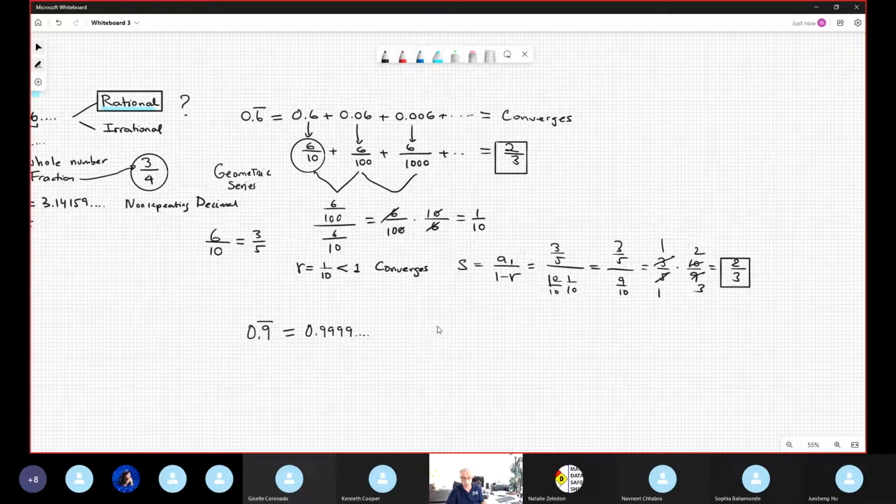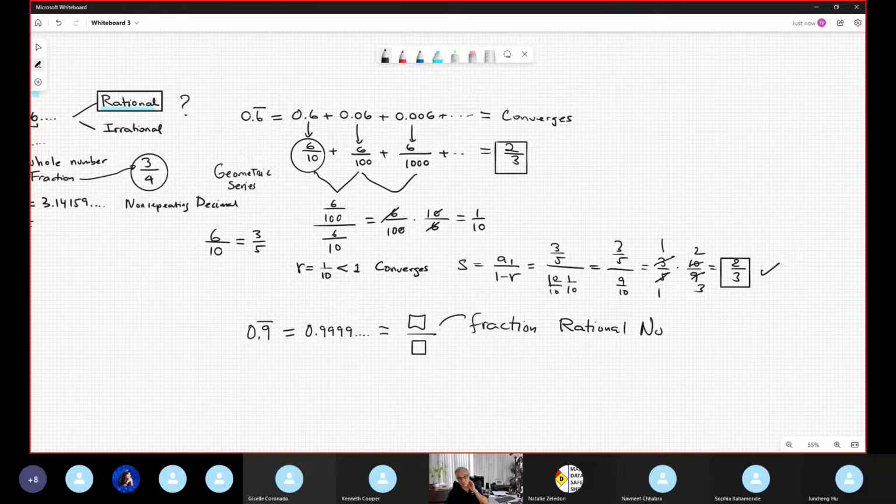I want the answer in one fraction, something divided by something, like a fraction, rational. You predict or no? No prediction. Okay, let me try to repeat this idea again.